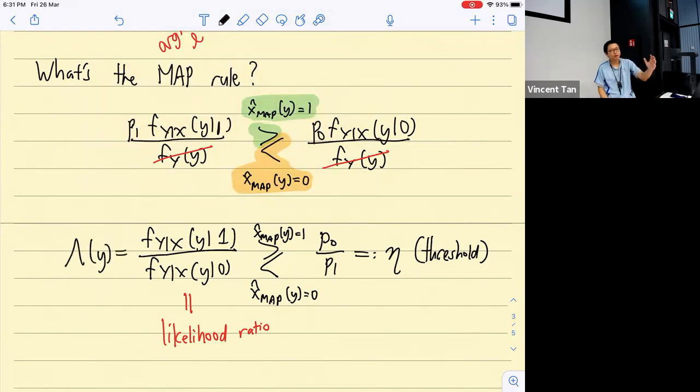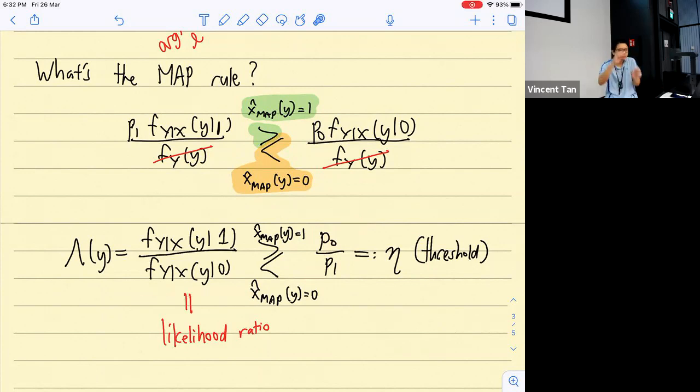So the whole point is that you have these two likelihood models, f of y given x equal to 1 and f of y given x equal to 0. You can form their ratio, the likelihood ratio. And what are you comparing that against? You are comparing that against the threshold. Now, if your priors are such that you have equal belief of the two states of the world, say 50% of my population has cancer and 50% does not, then the threshold is equal to 1, and you're only comparing the likelihood ratio to 1.